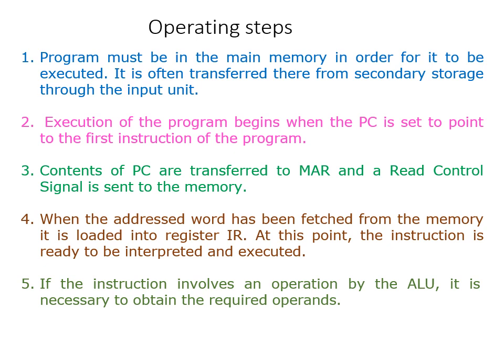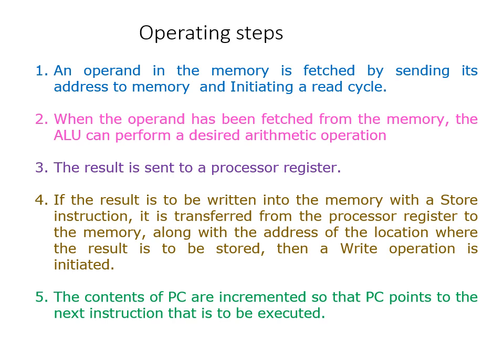If the instruction involves an operation by the ALU, it is necessary to obtain the required operands. An operand in the memory is fetched by sending its address to the memory and initiating a read cycle. After fetching the operand from the memory, it can be sent to the ALU to perform the desired arithmetic operation.